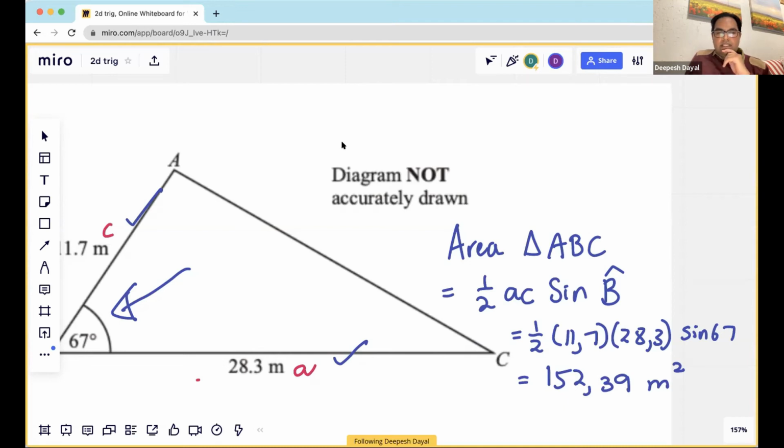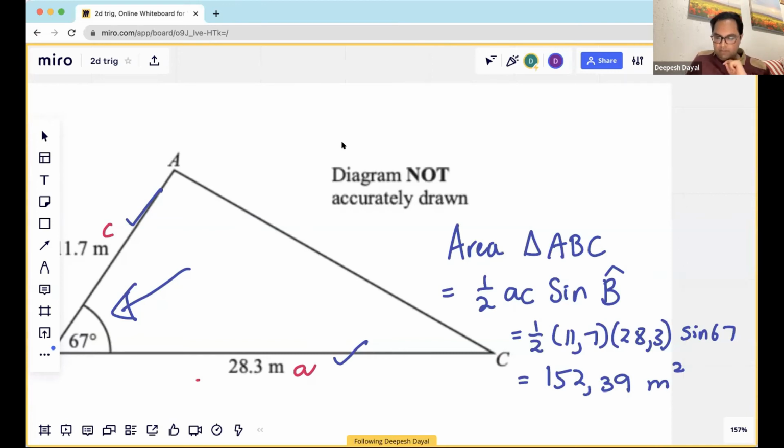Okay, excellent. Well done, everybody. So this is area rule. Now I'm going to ask if you have any questions, and then I'm going to give you one last one to end off. Any questions so far? Nope.